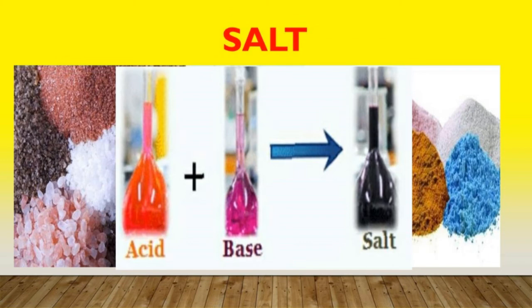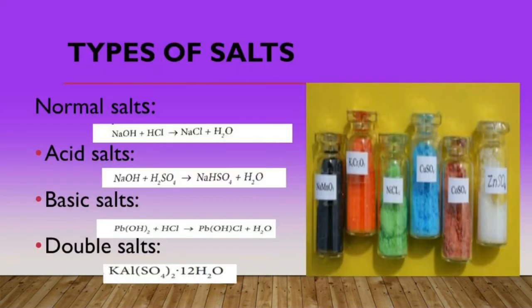There are many salts in other fields also. How can we get salt? Acid plus base gives salt. A salt produces both positive ions as well as negative ions when dissolved in water.